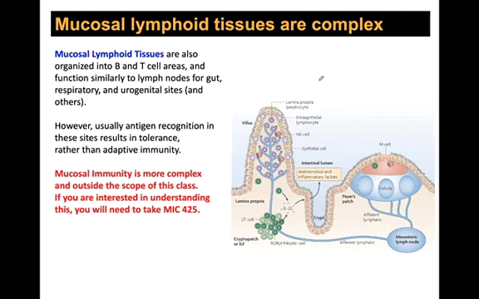And they do this by making antibodies to the stuff that they're bringing in. However, that's usually a tolerizing response, meaning that it's not accompanied by inflammation, so you're making antibody responses without really making a T cell response that's going to cause a lot of inflammation and damage.